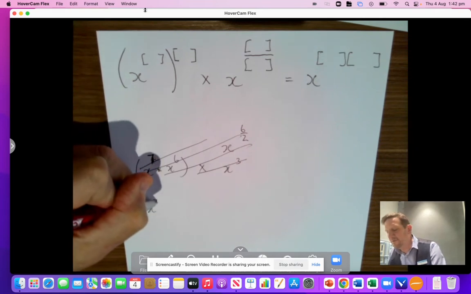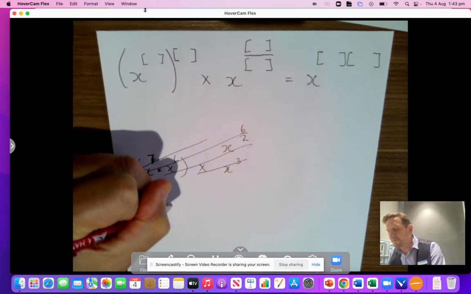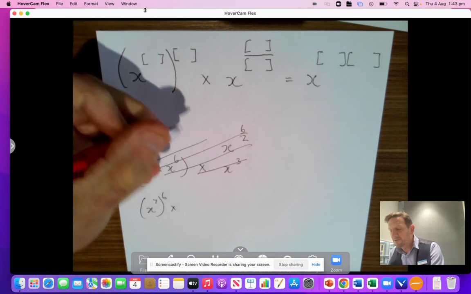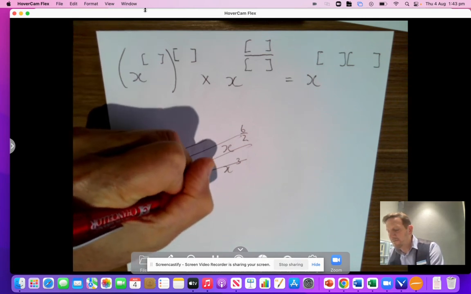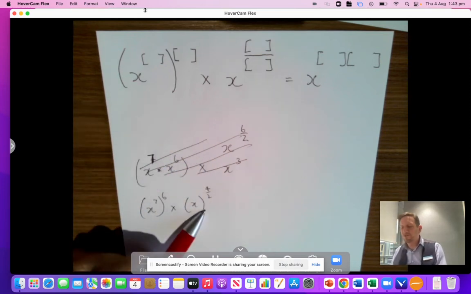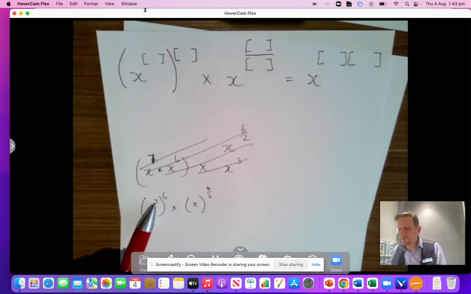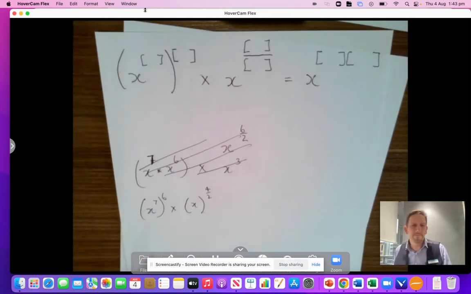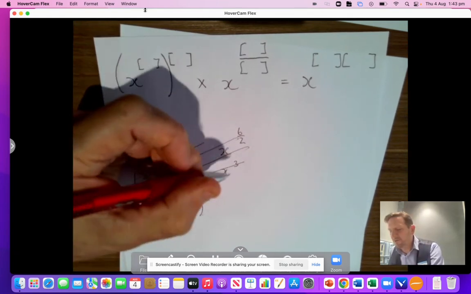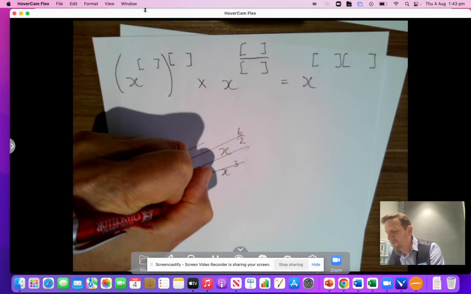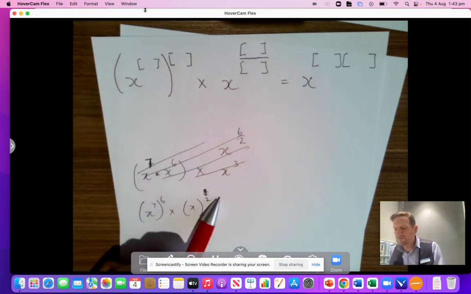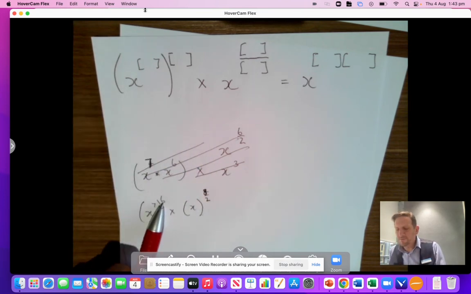Let's do x to the power of 7 all to the power of 6 times x to the power of 4 over 2, which is 2. So what have we got? Oh, that's going to give... Don't you love it? I should work this out beforehand, perhaps. Let's do 8 over 2. What does that do? 4. This is 42 plus 4 is 46.